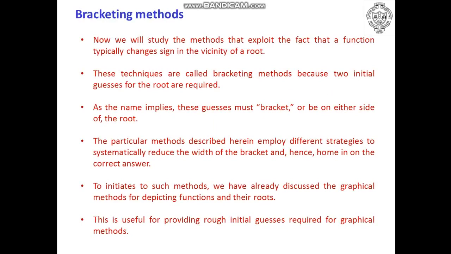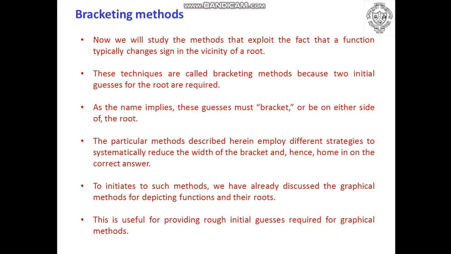Bracketing methods are considered as the methods that exploit the fact that a function typically changes sign in the vicinity of the root. So that means these methods assume two initial guesses from the vicinity of the root.